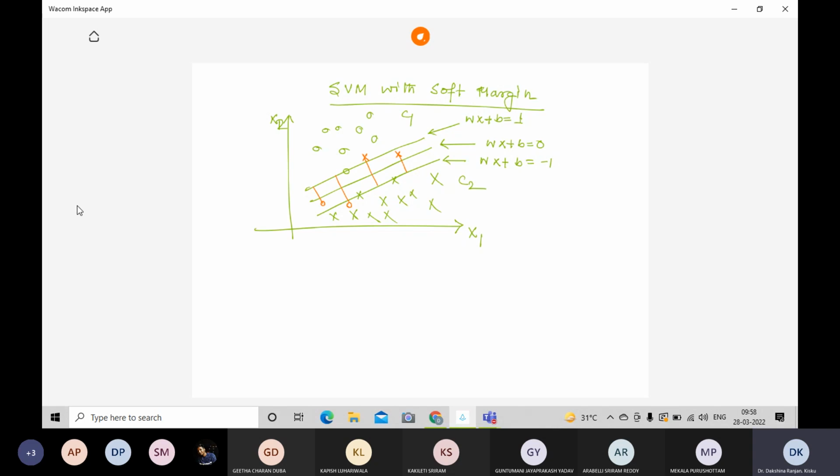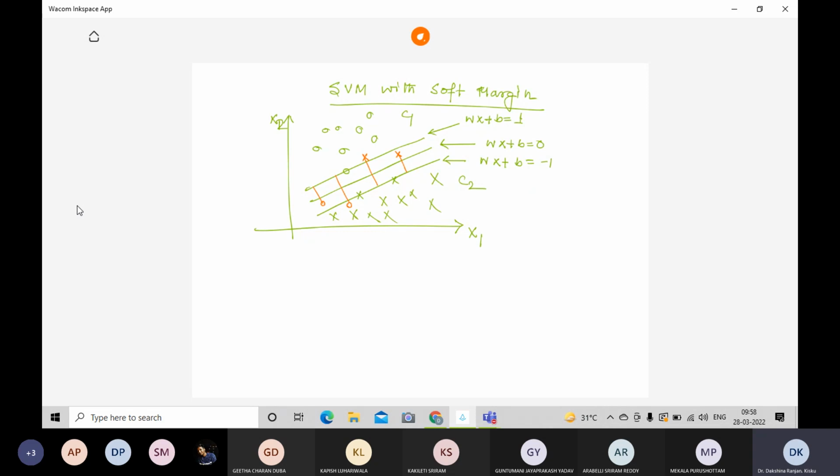When we allow these misclassifications to obtain the support vector machine classifier, then we have to obtain the loss function. Loss function for what? Loss function for the misclassified examples.